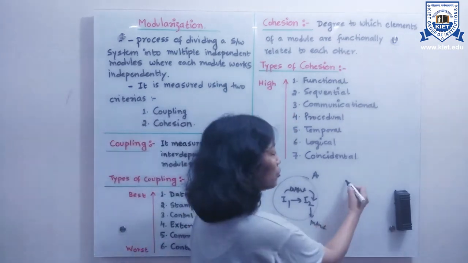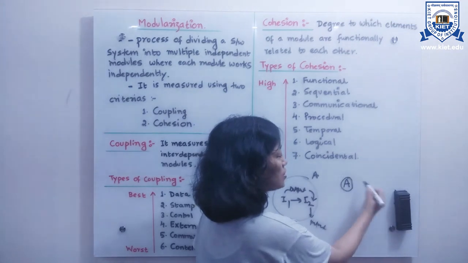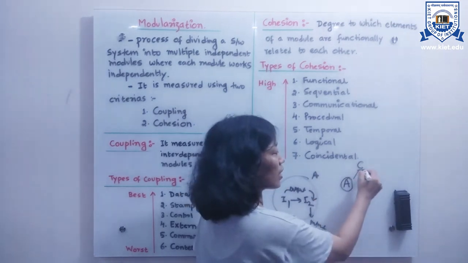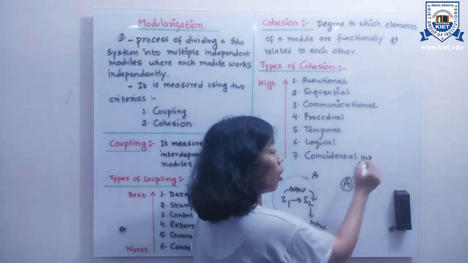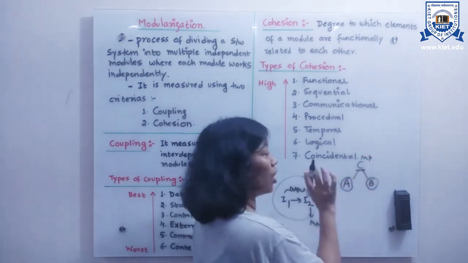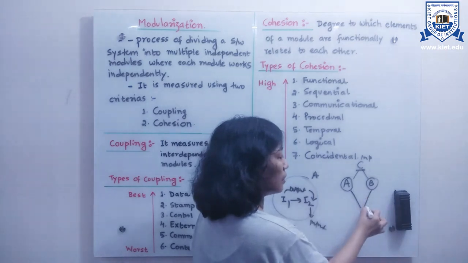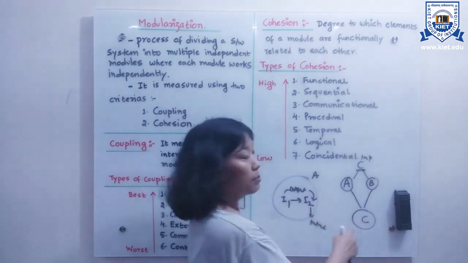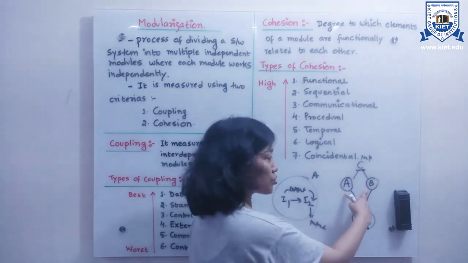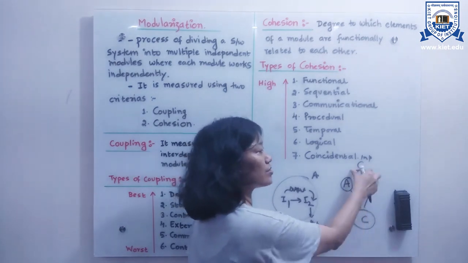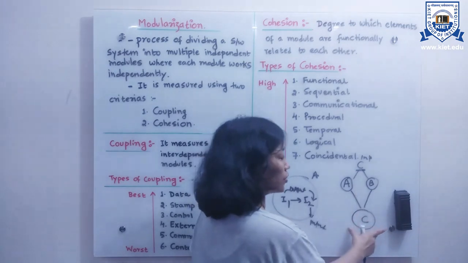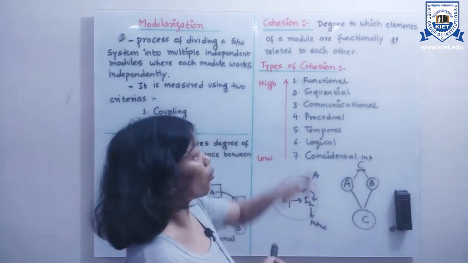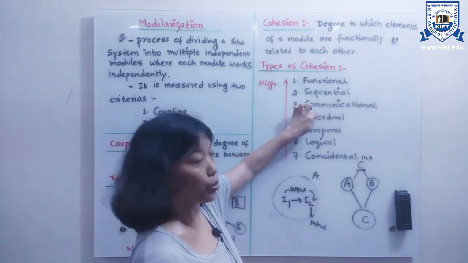Like if I have two operations A and B, and they are using the same input data C, or they generate some data C, then such kind of cohesion is called communicational cohesion.